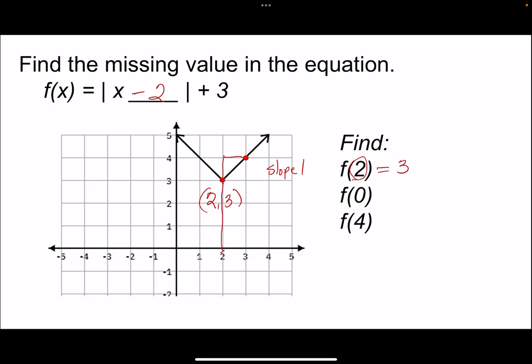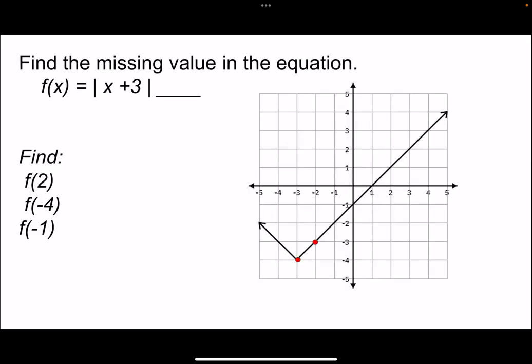When x is 0, y is 5. When x is 4, y, follow it up here, is 5. So that's all we have to do to find the function value. Because remember, the function value of a particular x is the value of y on the graph.